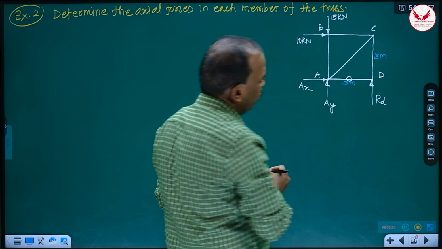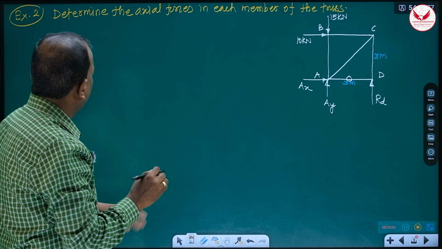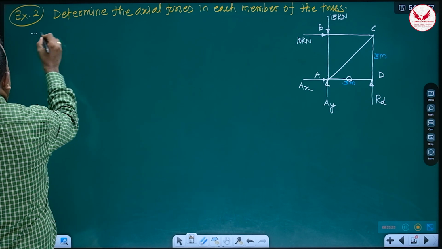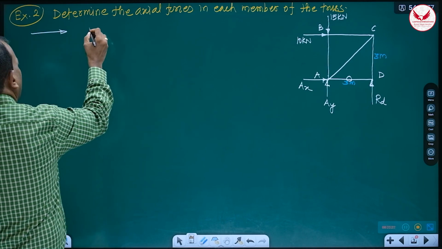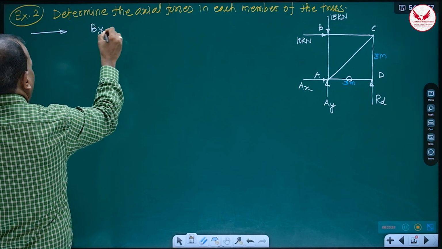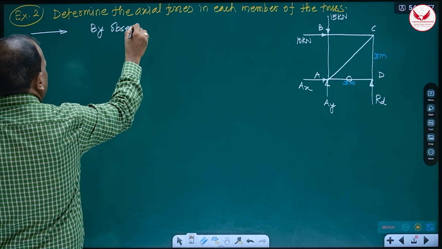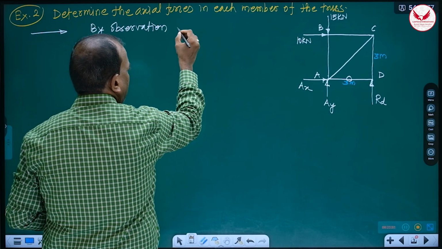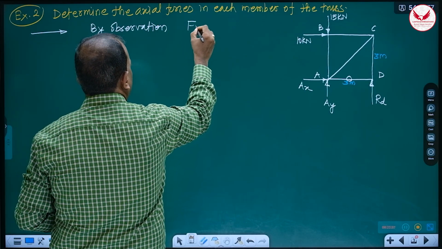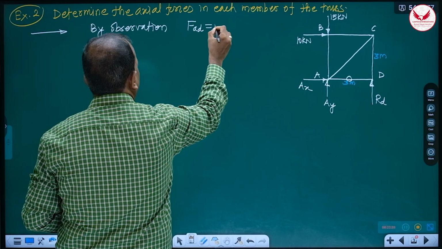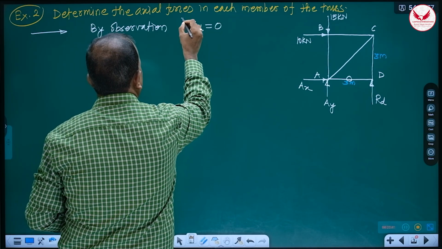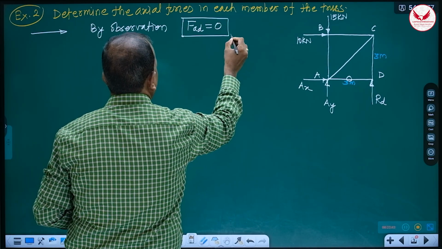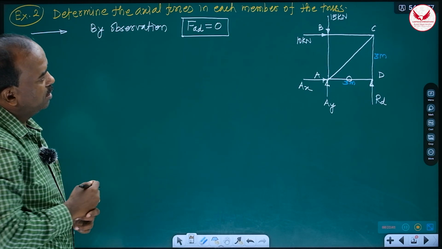Means this is the 0 force member without doing anything. So while solving this problem, you can write by observation of the free body diagram, F AD is equal to 0. Means any student without doing anything can get 1 or 2 marks by this.